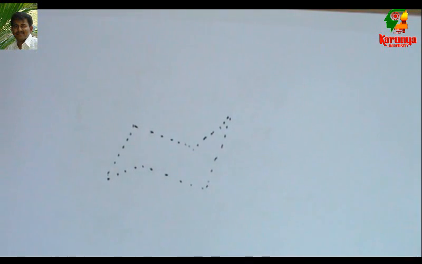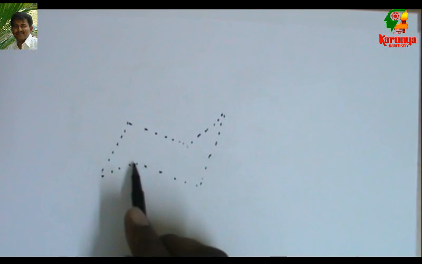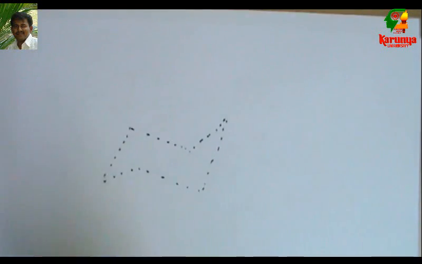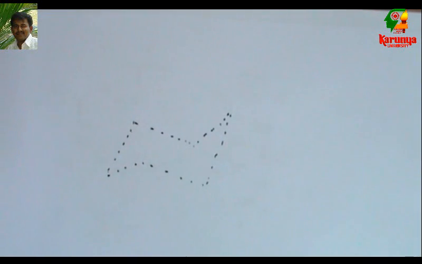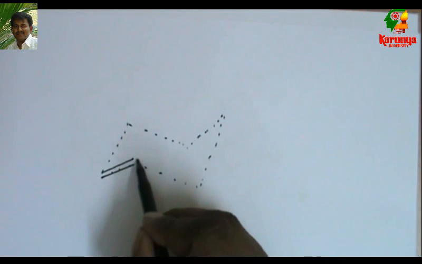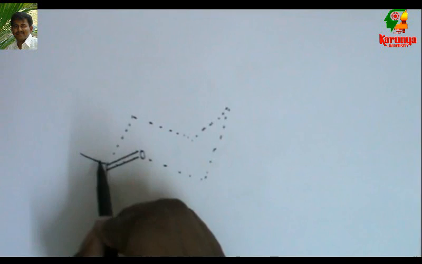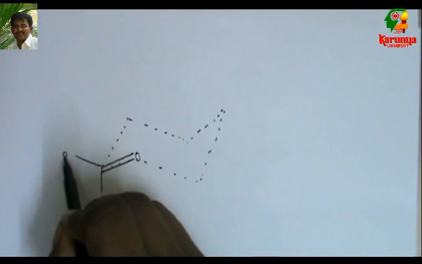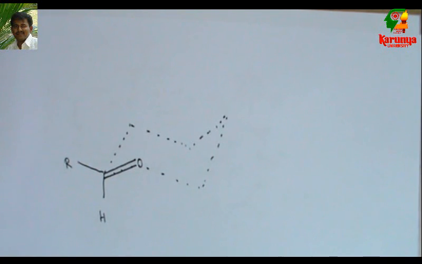A 6-membered chair transition state. In this, whatever atom I place here is the front, and this one is the back side. I place the aldehyde like this. So the aldehyde is in the front.